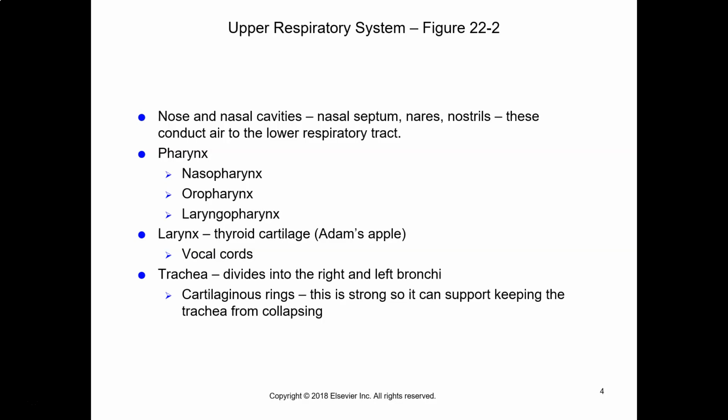The trachea divides into the right and left bronchi, and it has cartilaginous rings so that it can support and keep the trachea from collapsing. So it's little rings in the trachea that keep it up there.